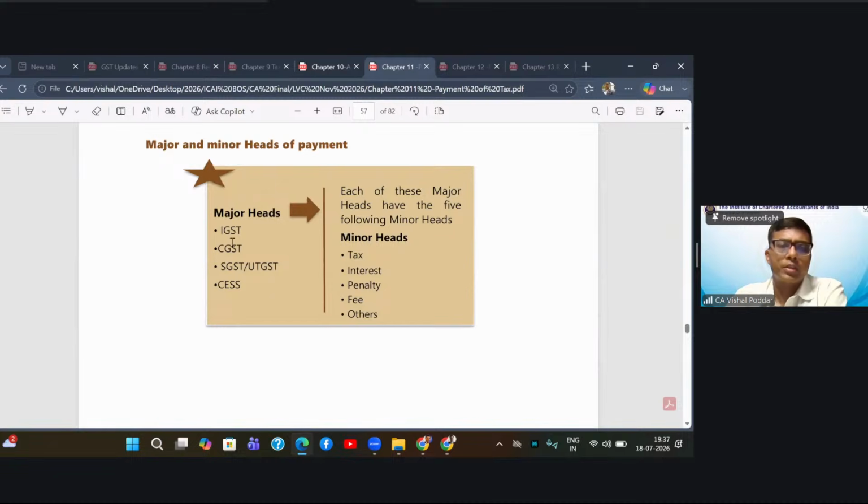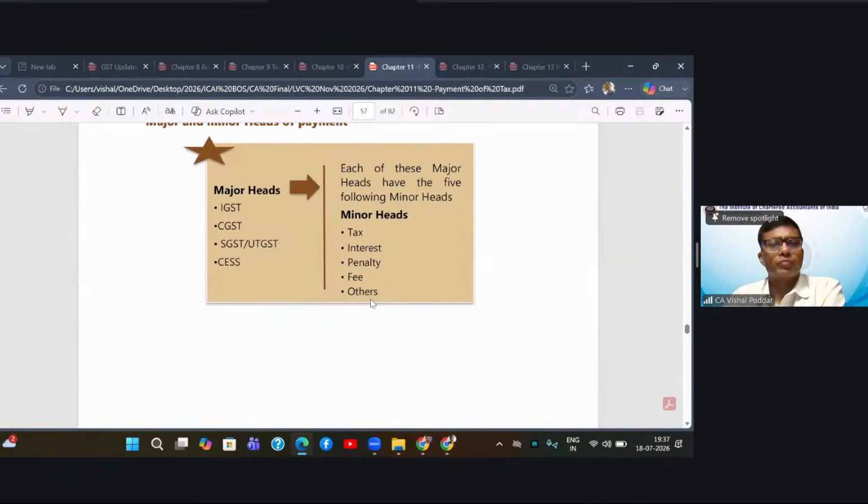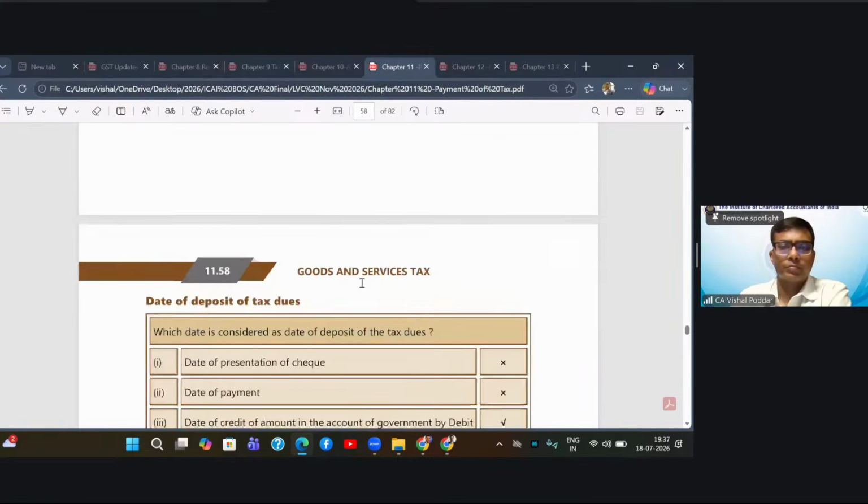First is IGST tax, IGST interest, IGST penalty, IGST fees, and others. Similarly, under CGST: tax, interest, penalty, fees; SGST: tax, interest, penalty, fees; cess: tax, interest, penalty, fees. So these are the various major heads in which you have these minor heads. So it is like a matrix.